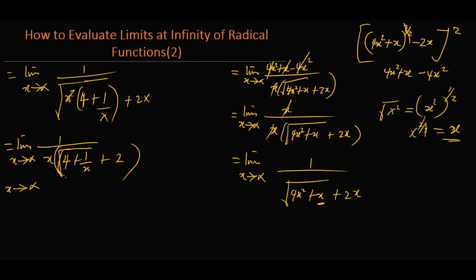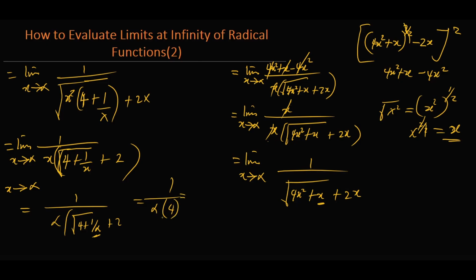So as x approaches infinity, we are going to have 1 all over infinity multiplied by root of 4 plus 1 over infinity, plus 2. And 1 over infinity is 0. 4 plus 0 is 4, root 4 is 2, and 2 plus 2 will give us 4.